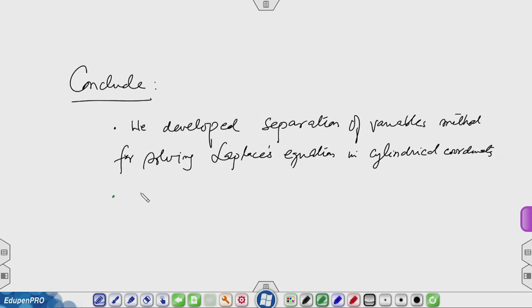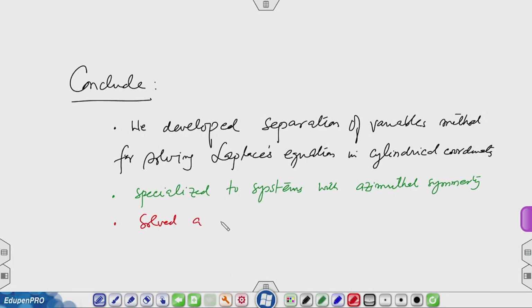Then we specialized to systems with azimuthal symmetry and solved a couple of problems.